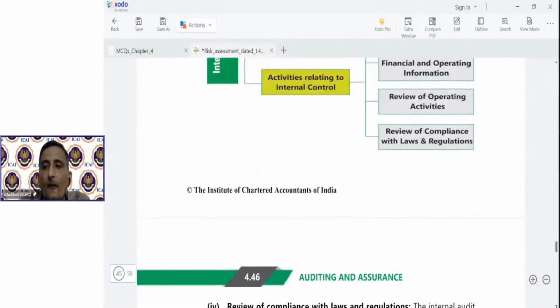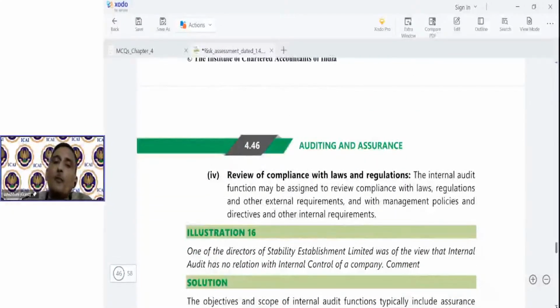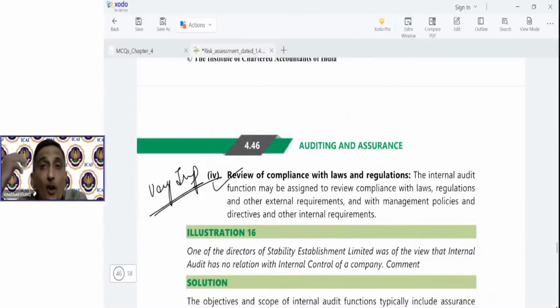Next. Review of compliance with laws and regulations. Now that is very important. Whether the company is law compliant or not, whether the company regularly complies with laws or not, that is very important. अगर एक company law compliant नहीं है, say the company is liable to pay, a very simple example, advance tax.